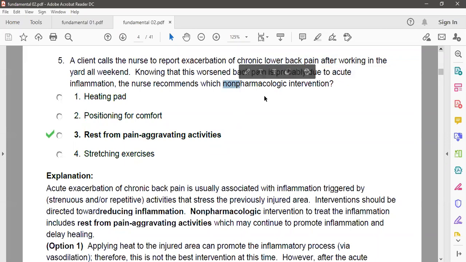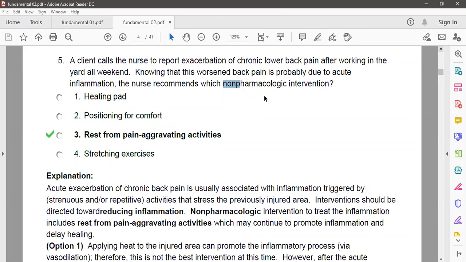Non-pharmacological, definitely you know what the pharmacological options are, like you can give some pain medication, non-steroidal anti-inflammatory medication, aspirin, or I mean acetaminophen, right? But non-pharmacological is mentioned there. But we should know the underlying cause of back pain, and back pain is a very common problem, right?